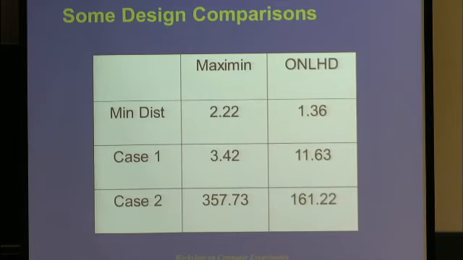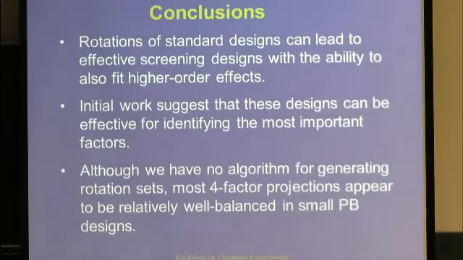We haven't looked at them in enough detail. I can't tell you a whole lot more about comparing the designs in terms of how well they do for modeling. So anyway, to conclude, I think rotations of standard designs can give you some useful screening designs for computer models.